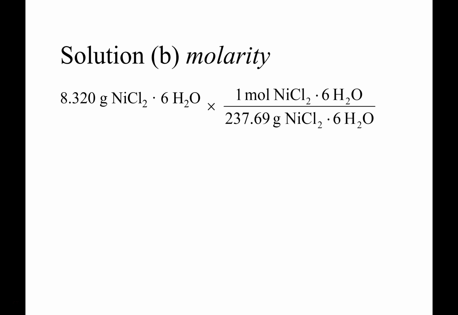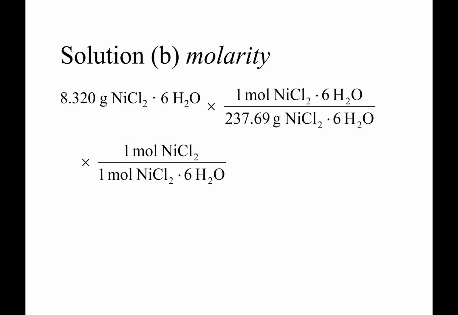So I'm going for moles of NiCl2. How many moles of NiCl2 are there per hydrated unit? How many moles of NiCl2 are there for 1 mole of NiCl2.6H2O? 1. Just 1, exactly. And that's my third term.